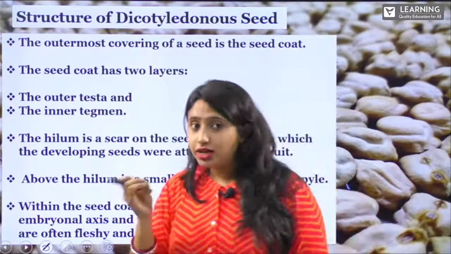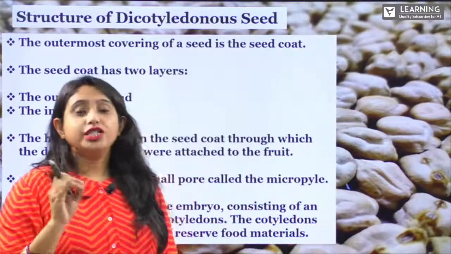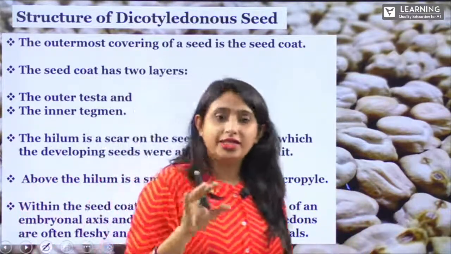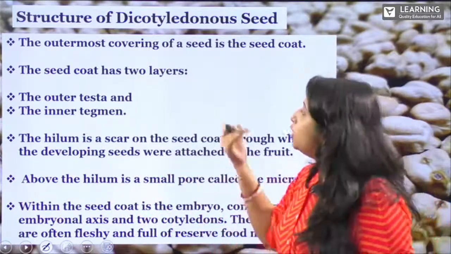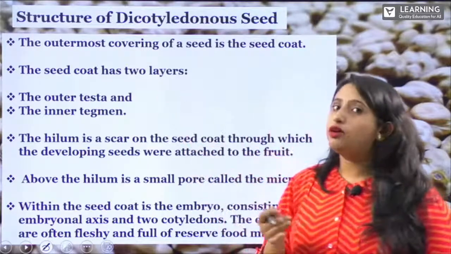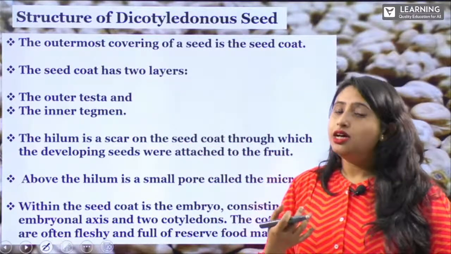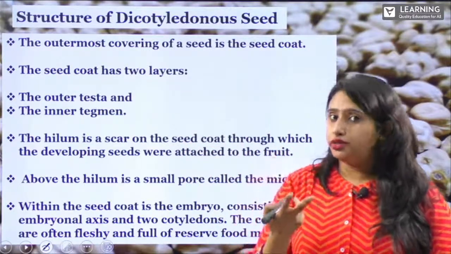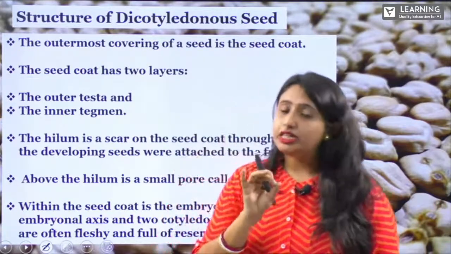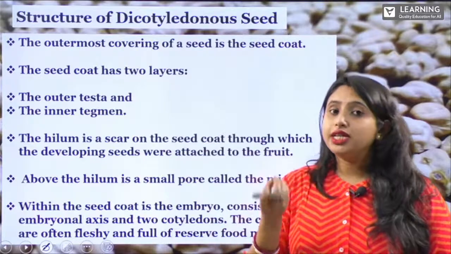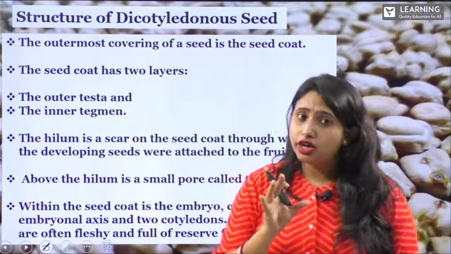Cotyledon is nothing but a leafy structure which is present inside the seed coat. So let us learn about this dicotyledonous seed, which has two cotyledons. In case of pea seed, in case of gram, we will see this type of seed, your dicotyledonous seed.